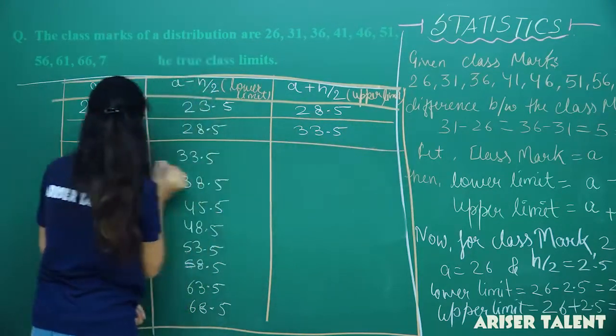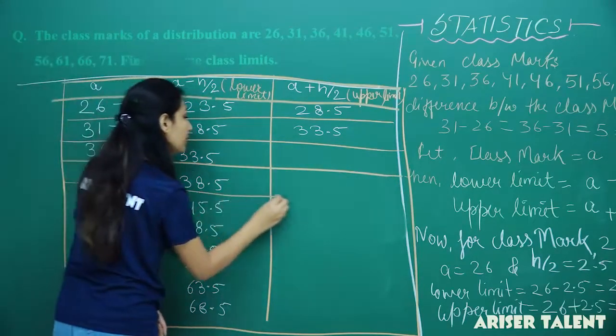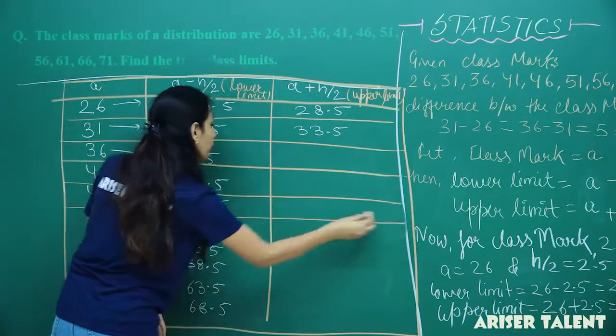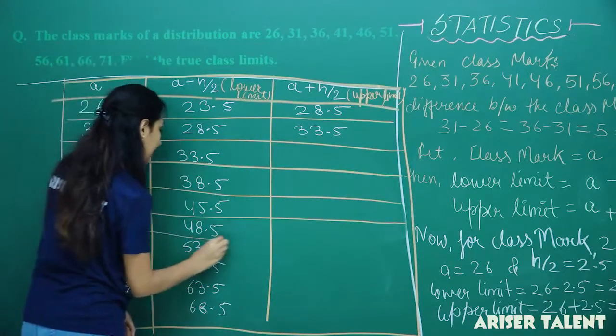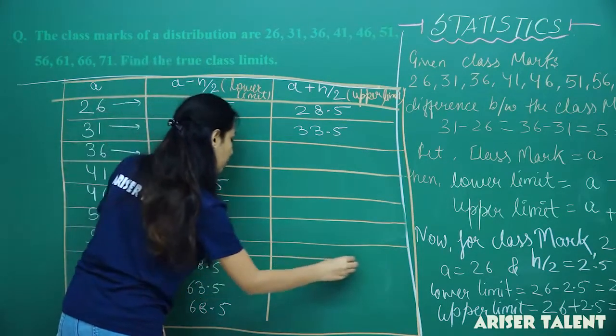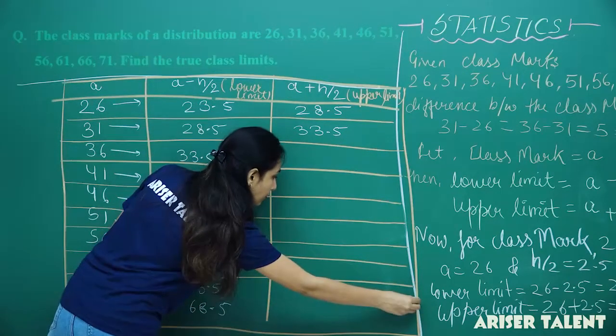Now I can just draw these lines in the table. We have subtracted 2.5 from each value of A. Now we will just add h by 2, that means 2.5, to each value of A. That's so simple, isn't it?